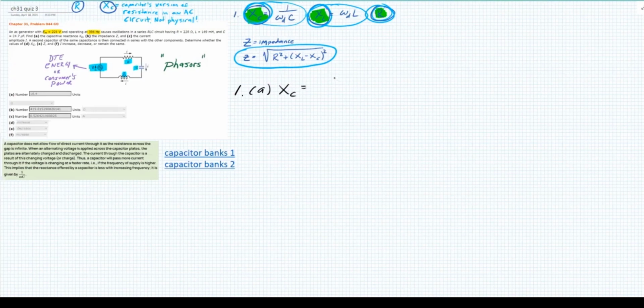And we know I have now introduced capacitive reactance. It's 1 over omega D times C. So let's keep going with that. Omega D equals the driving frequency.